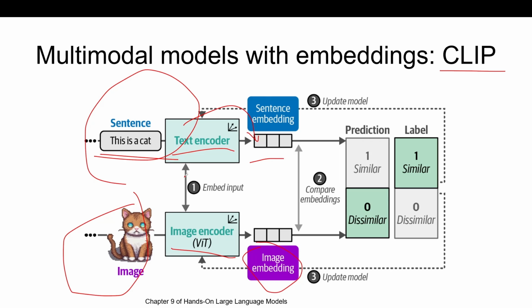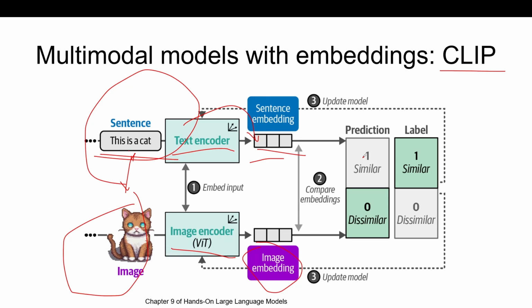So once we have a pair of sentence and image, we get a pair of embeddings in the intermediate layers, and then we can use these pairs of embeddings to get the output score, saying whether the pair of inputs are similar or different. If they are similar, the output score should be 1, otherwise it should be 0.